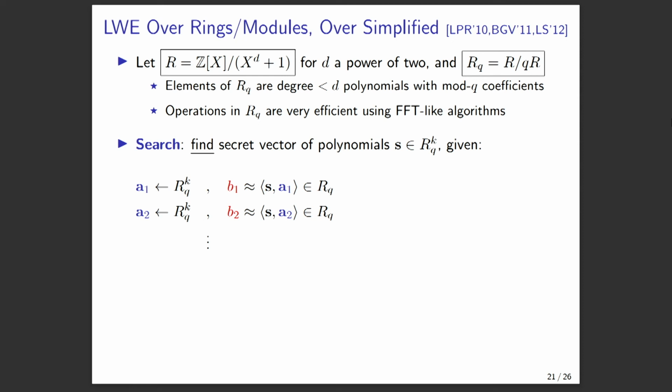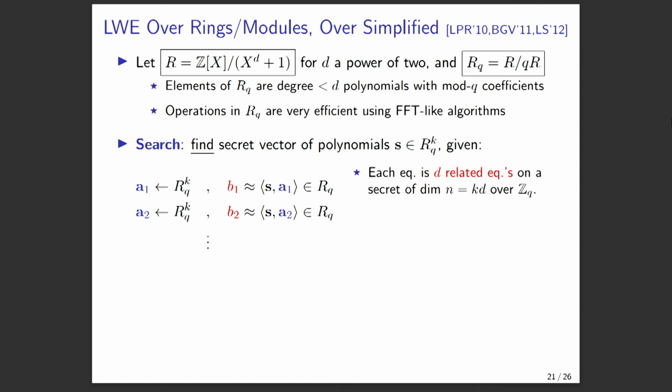and then the inner product between them. The inner product is you multiply the corresponding polynomials and add them up. And then you add an error polynomial to the result. That's one sample of your ring LWE, and then you can get another and another and so forth.